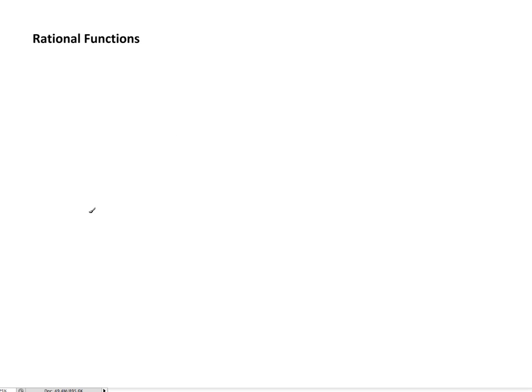Now let's take a look at the idea of rational functions. Just like polynomials, this whole chapter is a really brief review. It's not meant to be very instructional, just to get you thinking like this again.